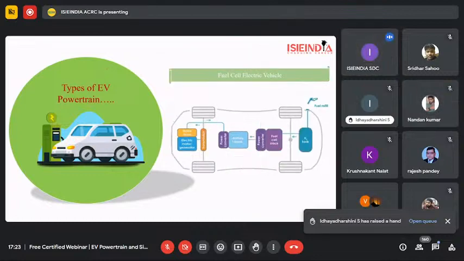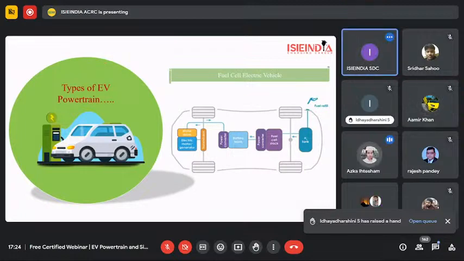Now we'll talk about fuel cell electric vehicles. Can anyone tell me how many fuel cell electric vehicles are present in our country? An example of a fuel cell electric vehicle? Toyota Mirai. Okay, how many are registered in our country? Tata fuel cell bus.